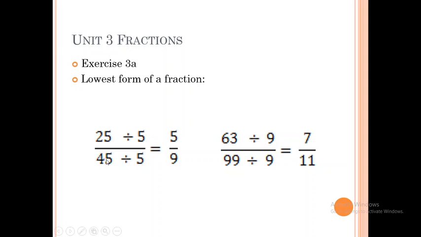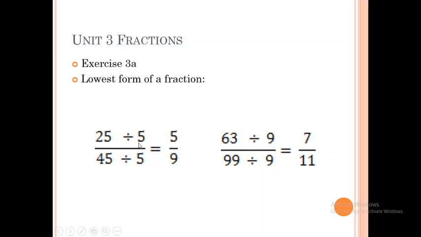When we reduce or simplify a given fraction, we take a common divisor for both numerator and denominator. Here 5 is the divisor for 25, that is the numerator, and 5 is the divisor of 45, that is the denominator.